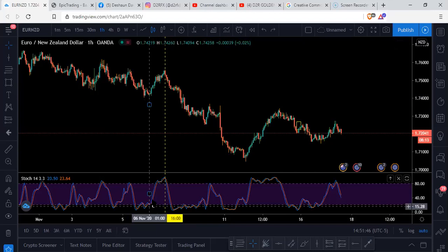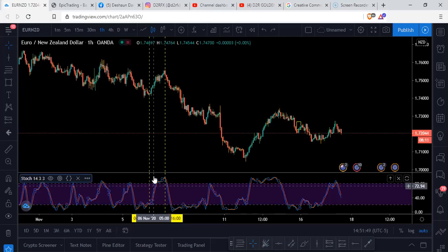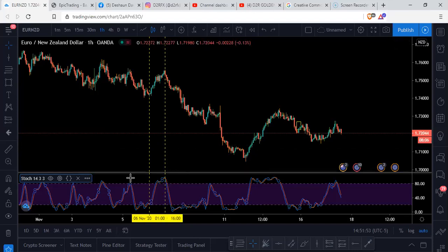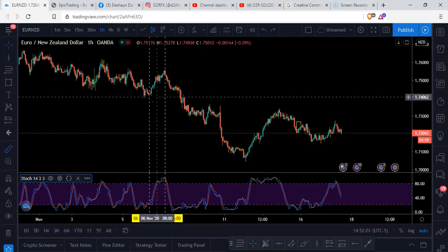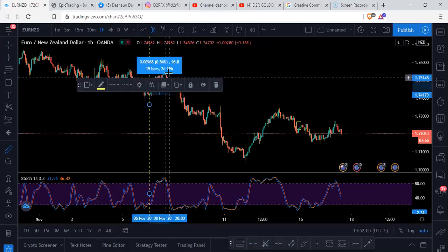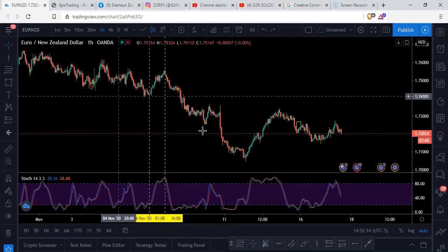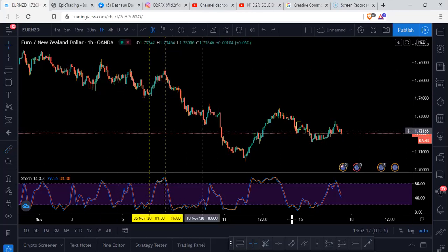You see the blue crossing over on top. Boom, you could have rolled that all the way up into that buy. And then you seen it cross on top, now you know to go for that sell. And let's see how many pips that would have been real quick. From here to here, 129 pips. That'd have been a nice play. So that's how that worked. It worked the same as RSI.